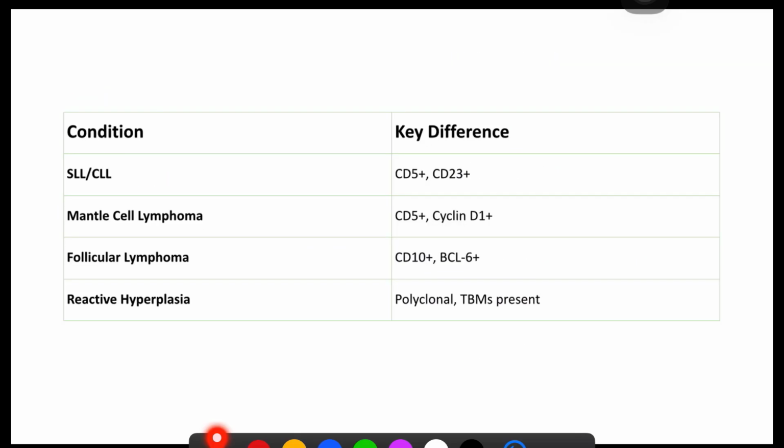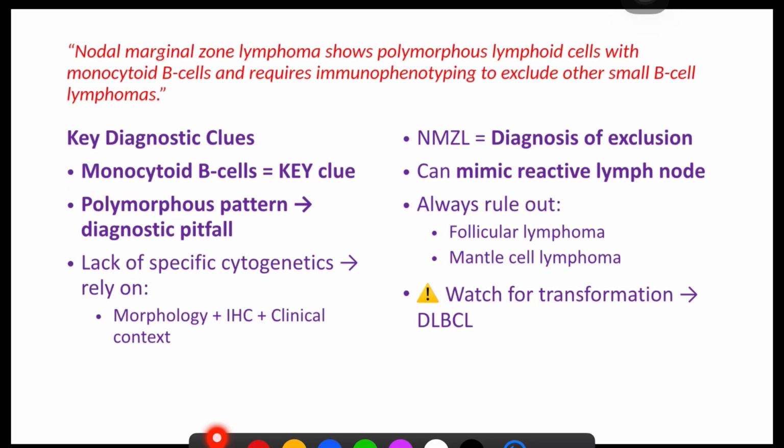So, how do you differentiate small cell lymphoma with the help of CD5 and CD3 positivity, mantle cell lymphoma with the cyclin D1 positivity, follicular lymphoma shows CD10 and BCL6 positivity, while reactive hyperplasia is polyclonal and tingible body macrophages are present.